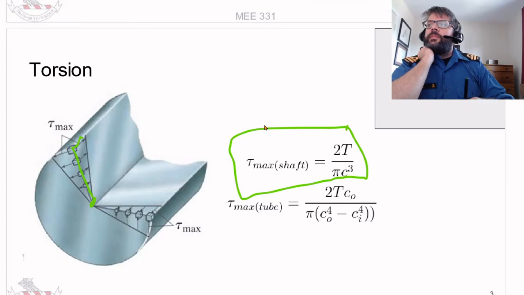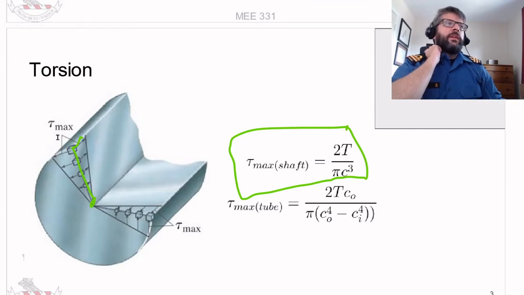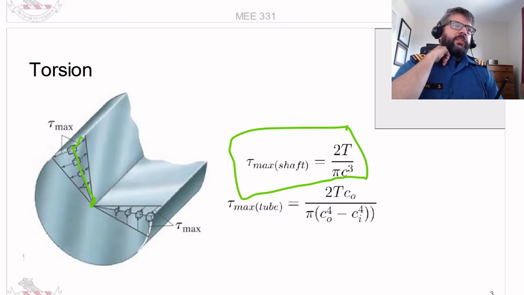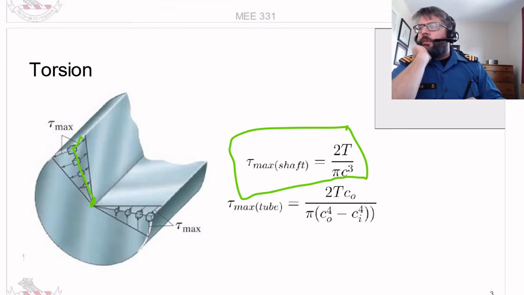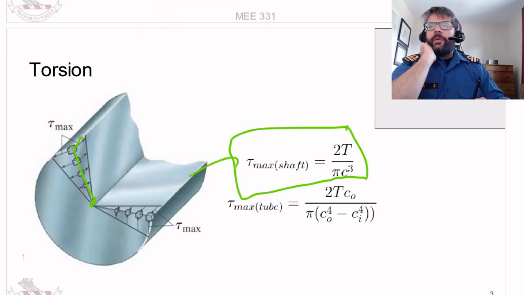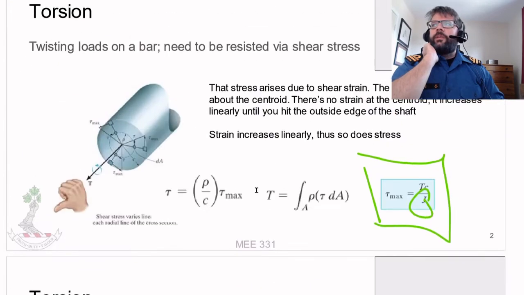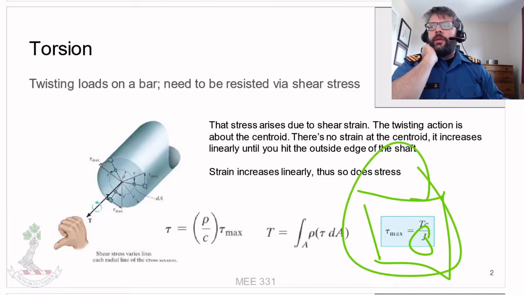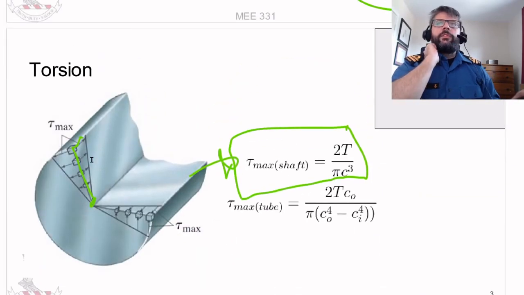So it ends up being the same thing, except the J that we would have calculated previously needs to be pi over 2 times the bracket of the outer radius to the fourth minus the inner radius to the fourth, close bracket. This formula is just me taking this one here and plugging in the J values for those two configurations.